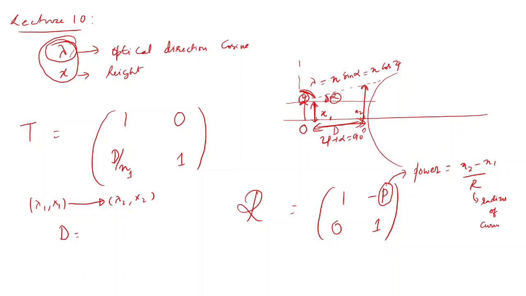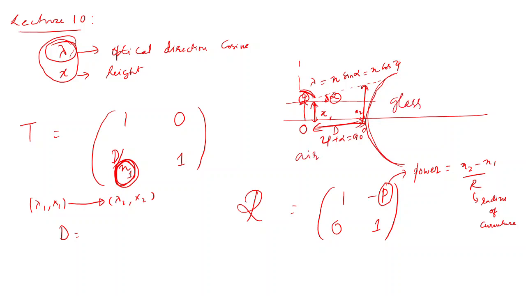Notice that in the case of translation you have only one refractive index, because translation happens only within one medium. Once there is a change in medium, then it would be refraction. For example, say I have this surface here, and beyond this is glass, and this side is air.